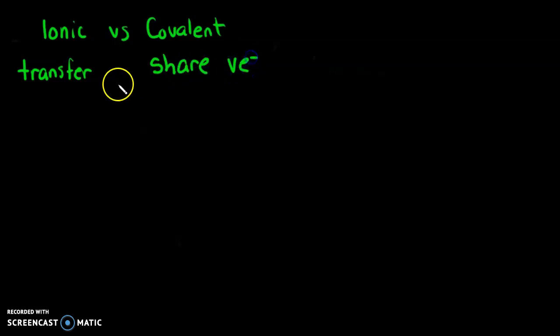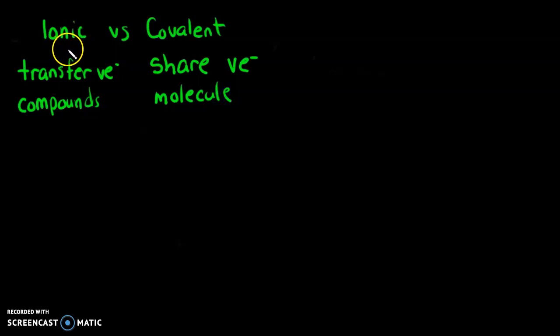That's VE minus. Okay, and then the second thing, ionic bonds form ionic compounds. And covalent bonds form molecules, like a water molecule. Alright, that's the first big one.